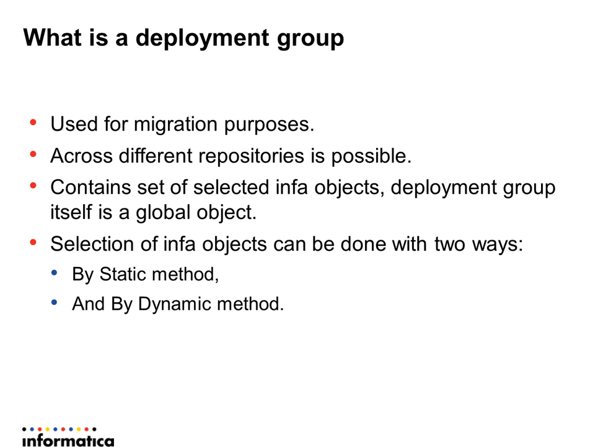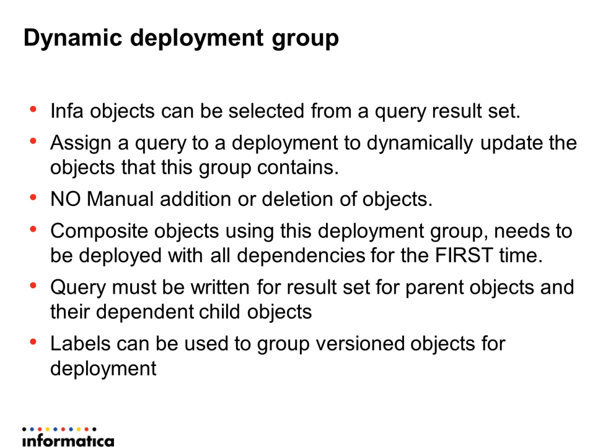Selection of these Informatica objects can be done in two ways: one via a static method and second by a dynamic method. We will see more about the dynamic method.